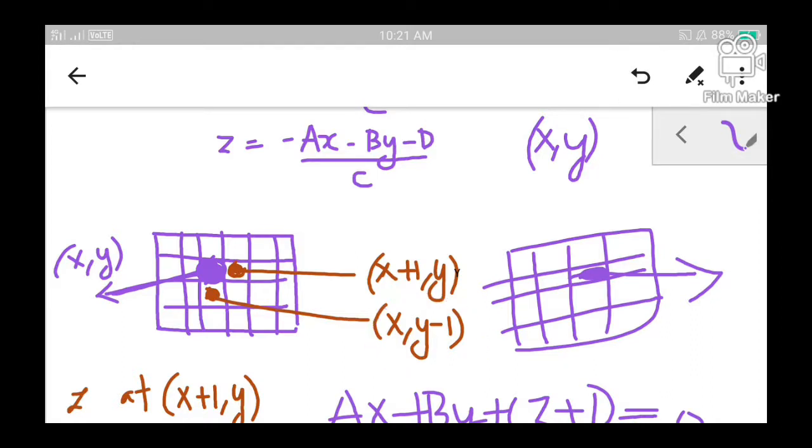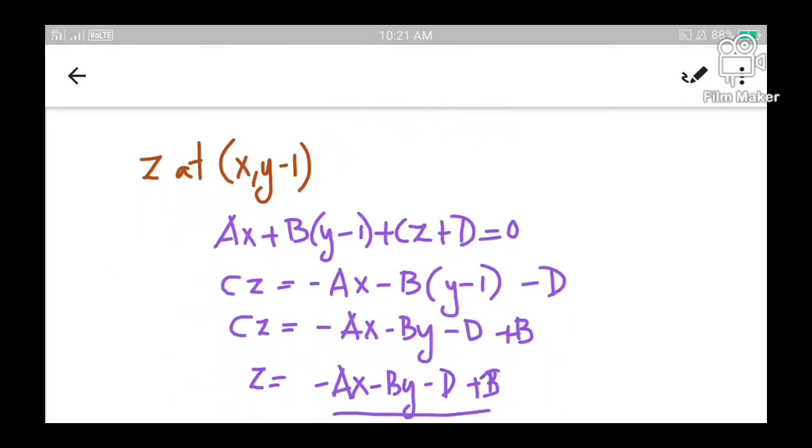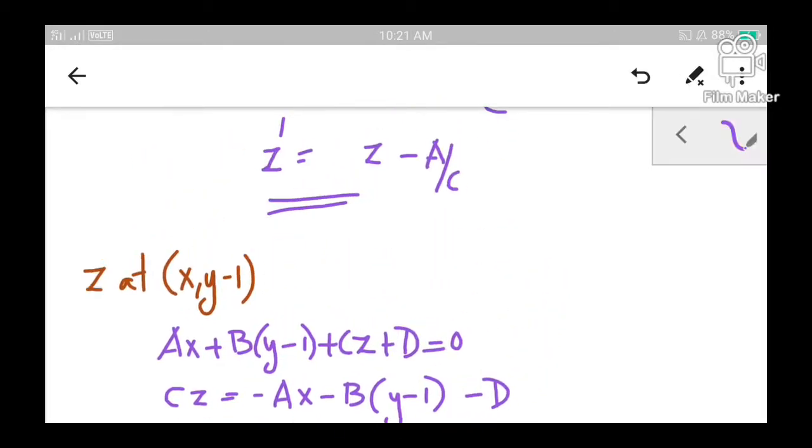So this time we are going to compute the z value at position x y minus 1. Let us see how we can do it. So z at position x y minus 1 means we are going to compute the z value for the same column but in the next row, which comes below the previous row.